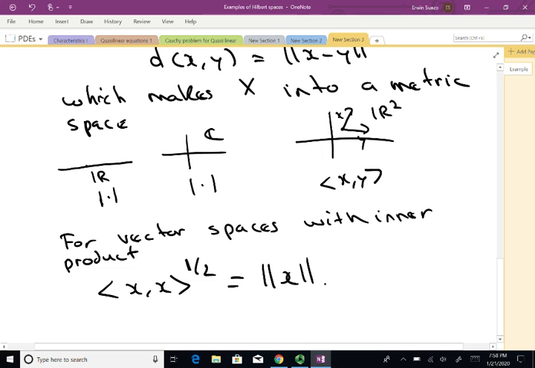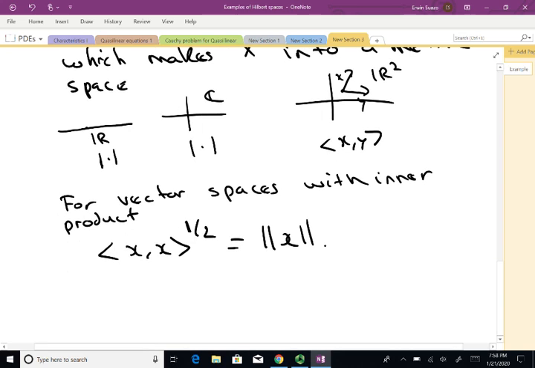If you take the square root of it, you get a norm. And even further, you can make a distance.